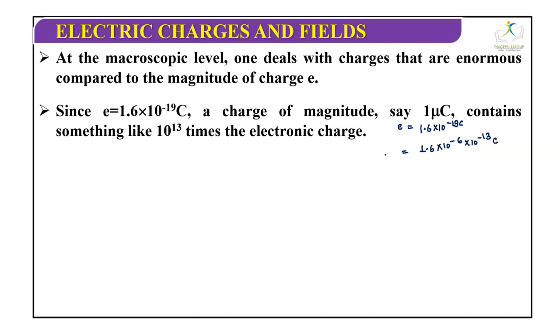So if we talk about 1 microcoulomb, how many charges does it contain? N is equal to Q by e. For 1 microcoulomb, that is 10 to the power minus 6, and the electron charge we know is 1.6 times 10 to the power minus 19.